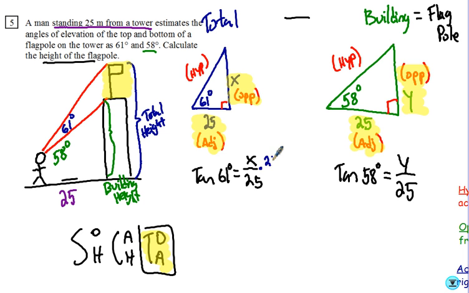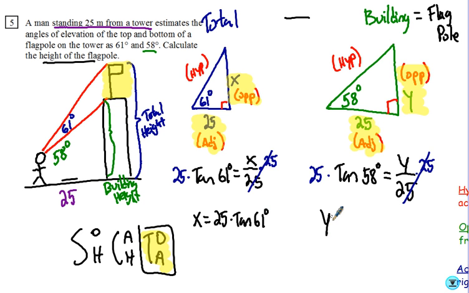To undo divide is to multiply, and so we'll do that to both sides. Since we're doing the same thing, we can work both simultaneously. So let's rewrite. I've got x equals 25 times tangent of 61, and y equals 25 times tangent of 58.